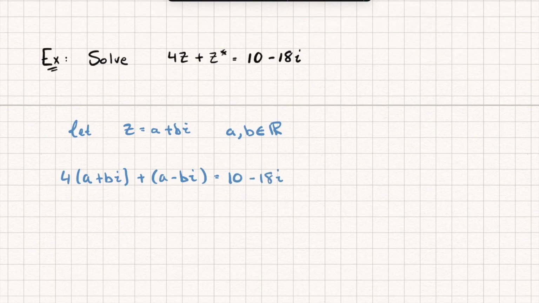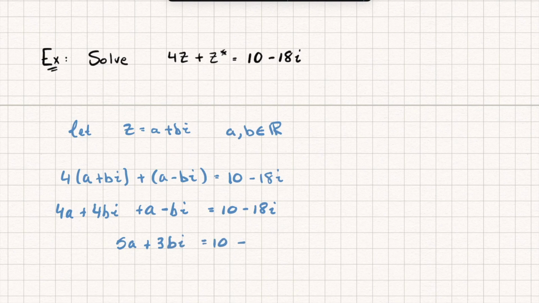So let's now expand this left-hand side and we get 4a plus 4bi plus a minus bi is equal to 10 minus 18i. And so collecting like terms together, we get 5a plus 3bi is equal to 10 minus 18i. Because these two complex numbers are equal, we know their real parts are equal.